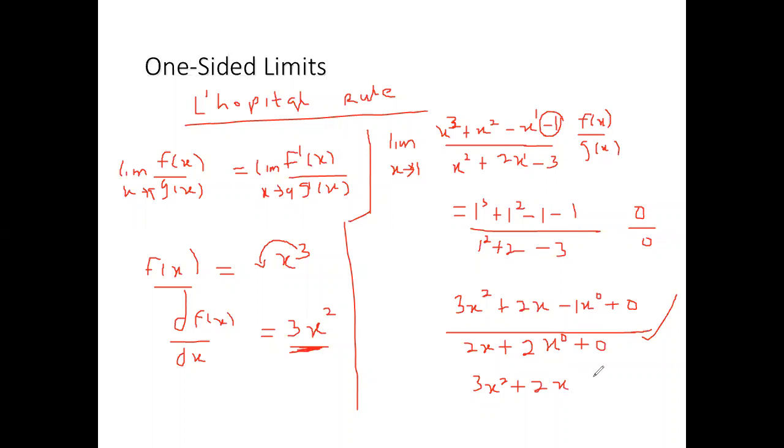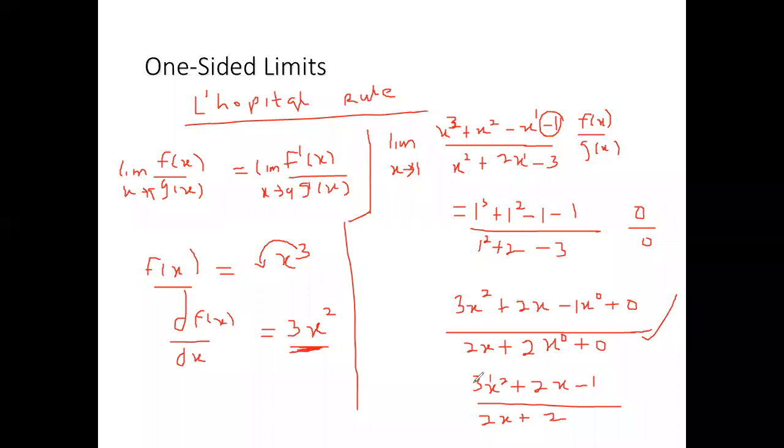So this is minus 1 all over 2x plus x raised to the power 0 is 1. So plus 2. Now, the question is, if we evaluate the limit, that is putting x equals 1 into this expression, are we going to get an indeterminate form? Let's try that and see.